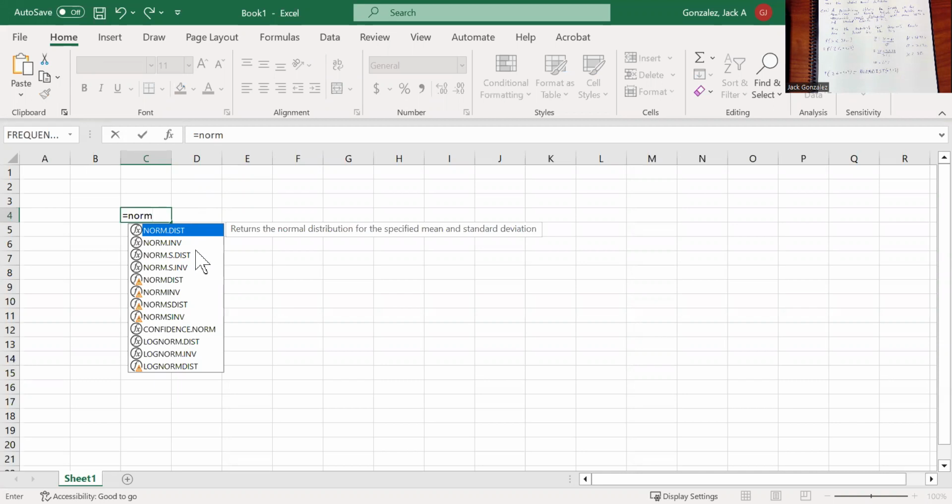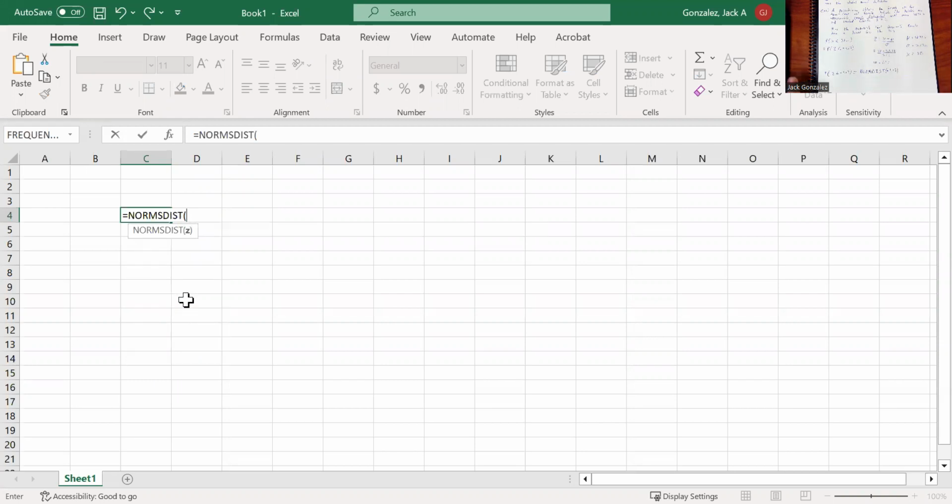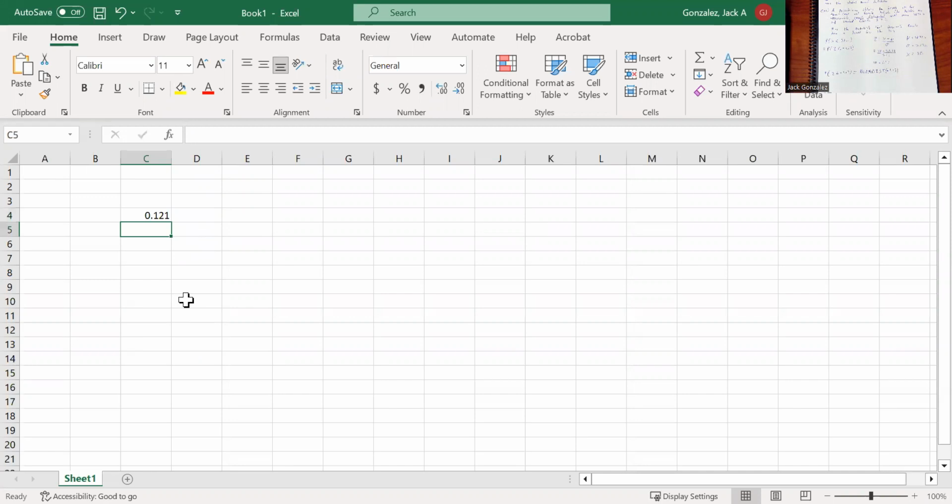Plug in your z-score, negative 1.17. That should be our answer. Let me double check. Yeah, that's it. So the proportion or probability will be 0.1210.